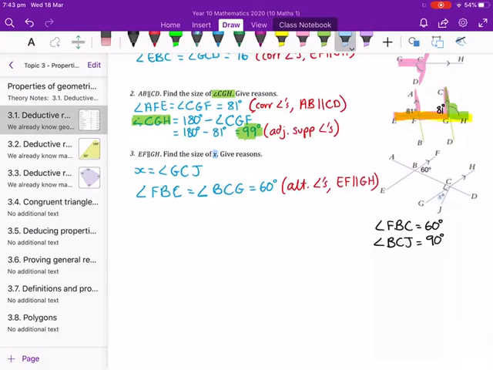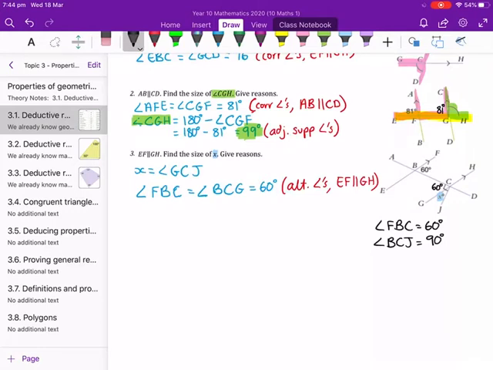In order to find X, we know that BCJ equals 90 degrees. And we have also just found out that BCG is 60 degrees.